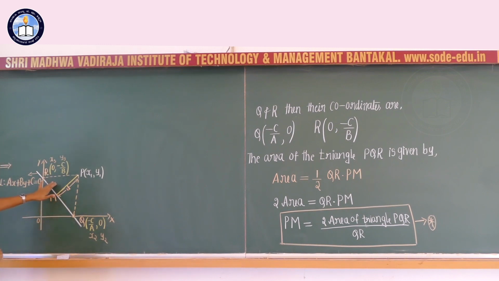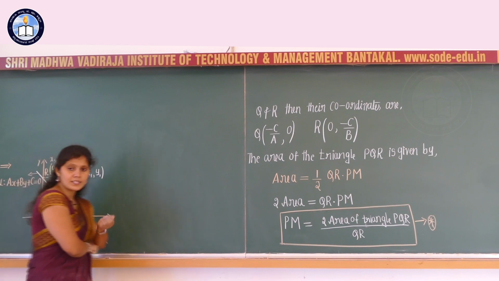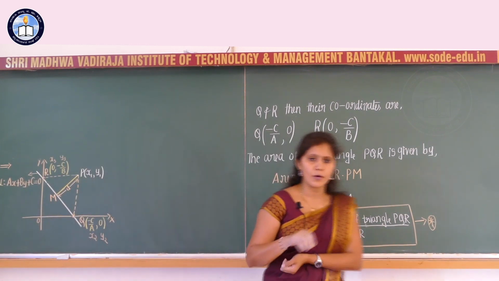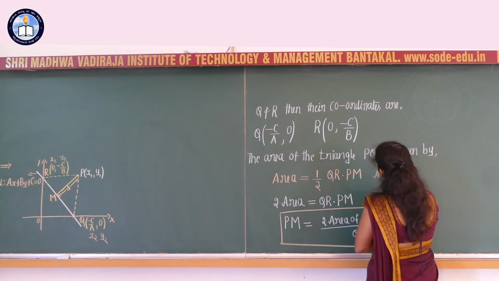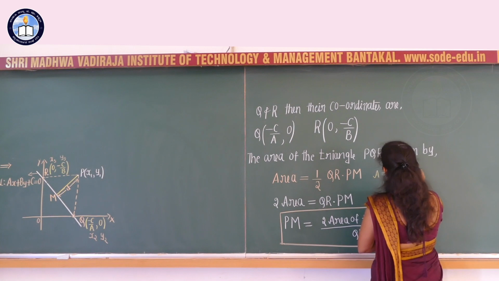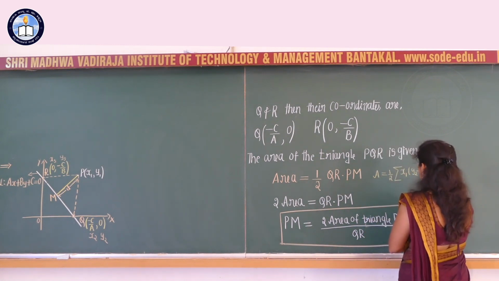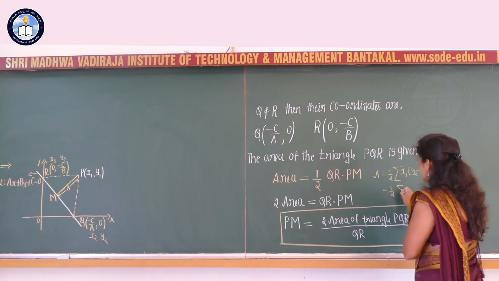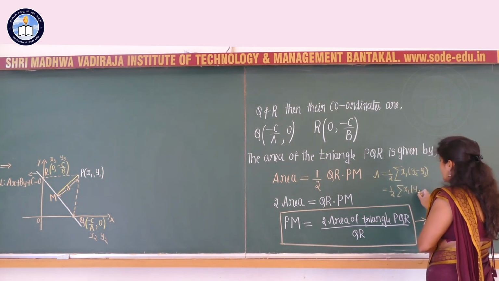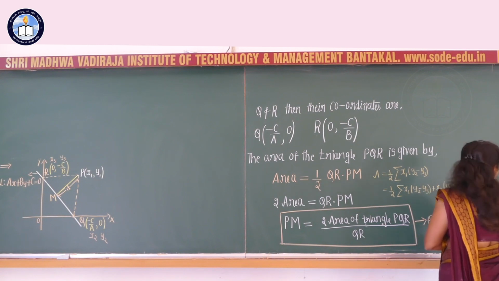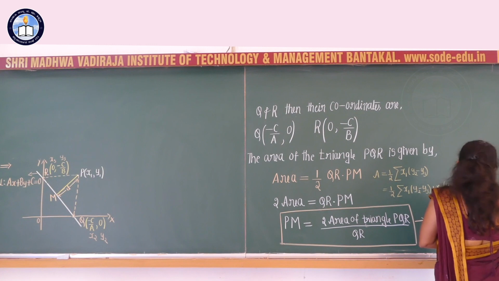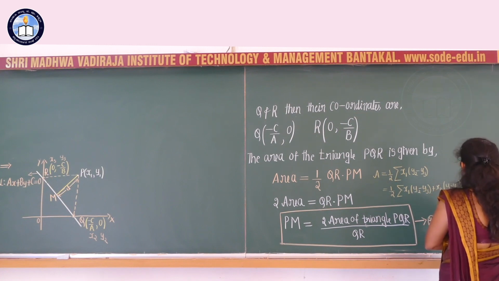So, this triangle is given with the 3 coordinates x1, y1, first point, Q with the coordinates x2, y2, and R with the coordinates x3, y3. And we know the formula how to find out area of the triangle, that is nothing but area is given by half into summation of x1 into y2 minus y3, or this expansion we have written, that is half into summation of x1 into y2 minus y3 plus x2 into y3 minus y1 plus x3 into y1 minus y2.